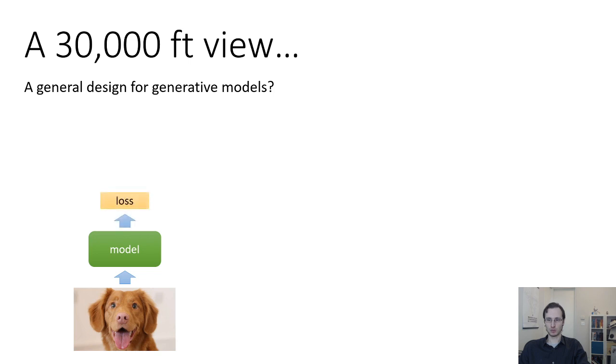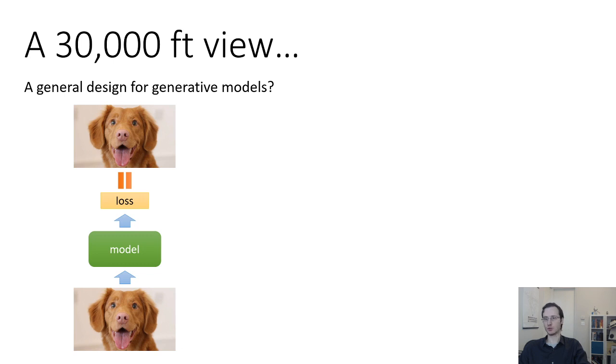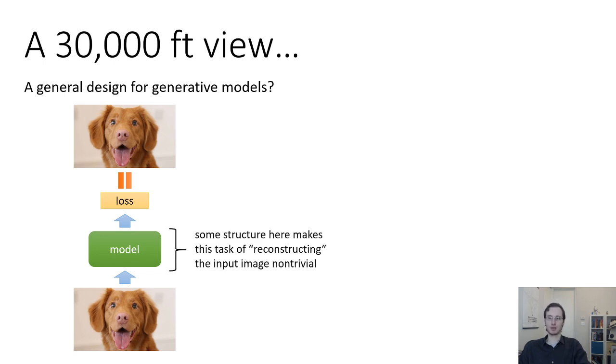It goes into a model, and that model has a loss, which is to produce the same thing as output. So the model's loss is to basically reconstruct whatever came in. And an arbitrary model could just learn the identity function, but some kind of structure is imposed on the model that makes this task of reconstructing the input not easy, not trivial, which prevents the model from learning the identity function and forces it to learn meaningful representations.